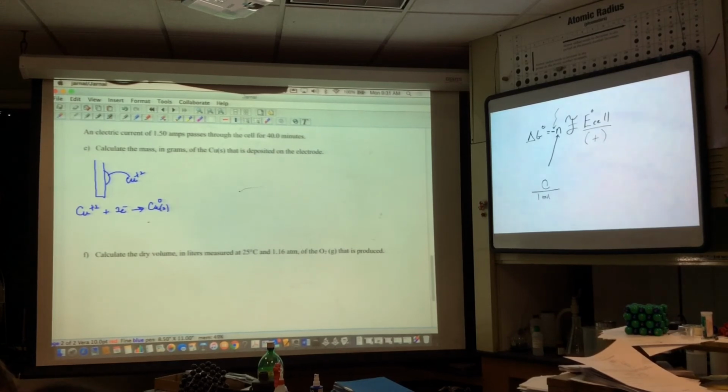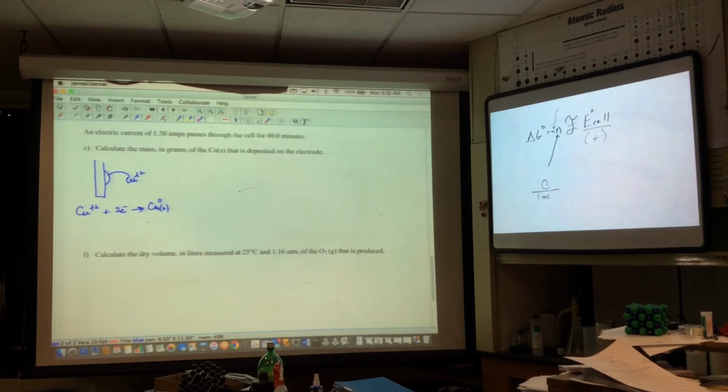So, if I can figure out how many electrons got to the cathode, I can assume that half that number gives me how much copper atoms are made, right? If I know total number of electrons that got to the cathode, and I know that 2 electrons makes 1 copper plus 2 become copper, I can cut that in half to get total number of copper atoms.